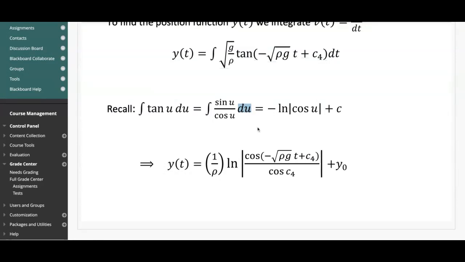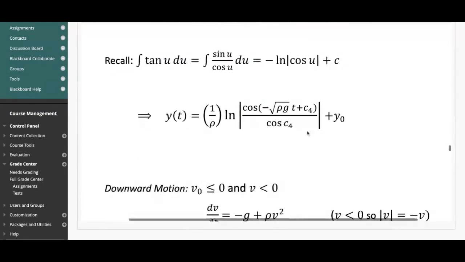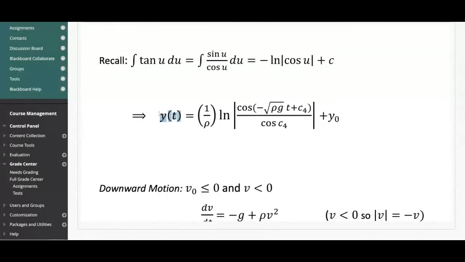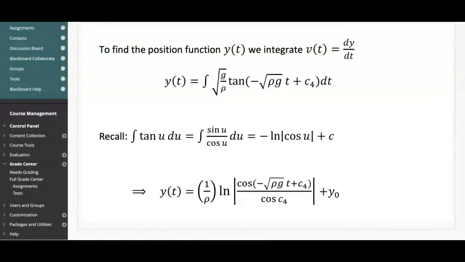We could use maybe w, where w equals cosine u. So the integral of 1 over cosine u gives ln cosine u, of course with absolute value. Then dw is just sine u du. So the integration is just this, and so y of t is this.